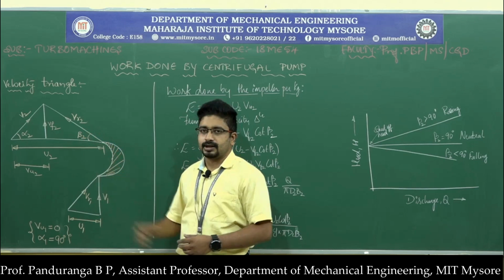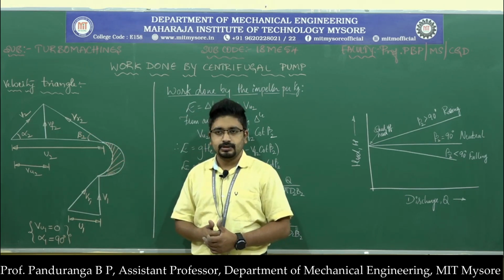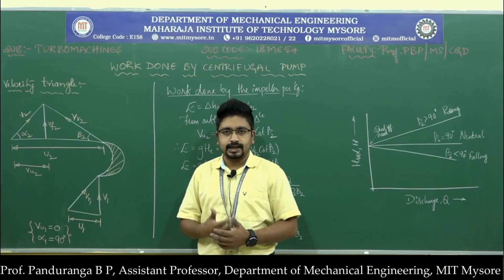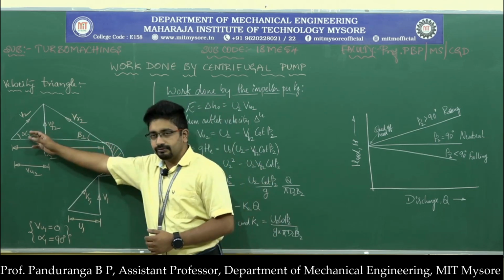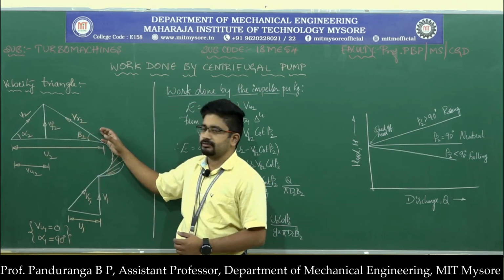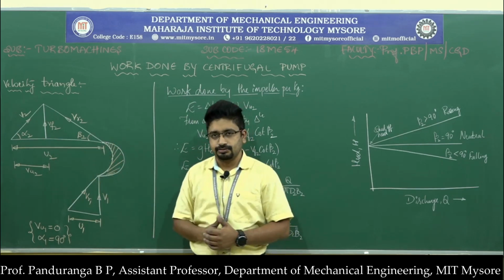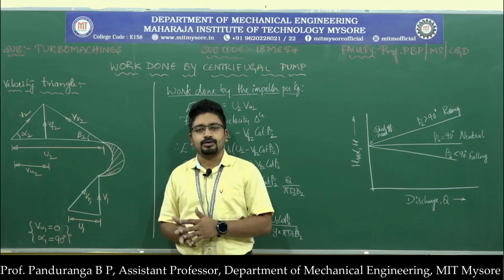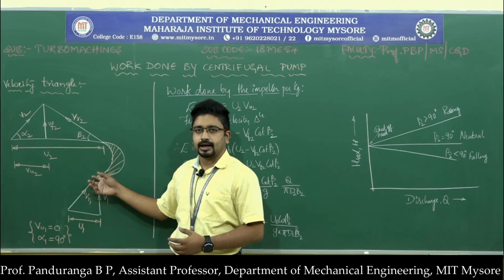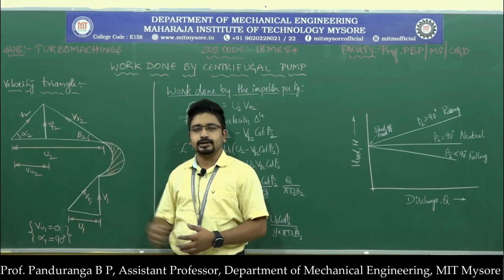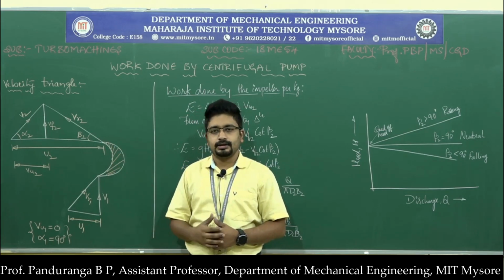Then the fluid passes through the impeller and gains energy, and then comes out of the impeller with absolute velocity V2 and relative velocity VR2. Since this is a radial flow turbo machine, the inlet and outlet tangential speeds of the rotor will be different, because the fluid will be entering at a smaller radius and leaving the impeller at a larger diameter.